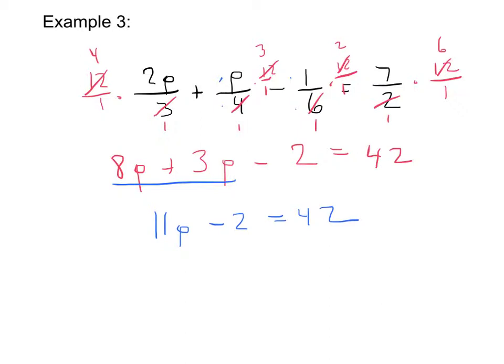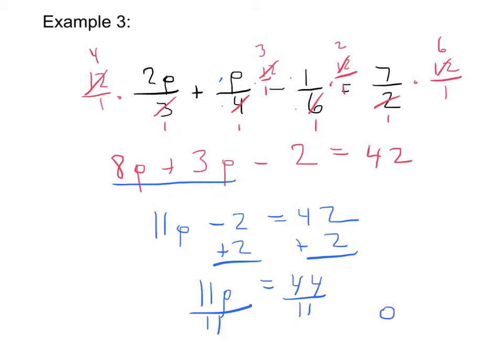But instead of getting 12 in all the denominators and working with common denominators, I multiplied by 12, and that cleared out all the denominators for me and kept the equation the same. So I'm going to add 2 to both sides, and I get 11p equals 44. Divide both sides by 11, and p equals 4.